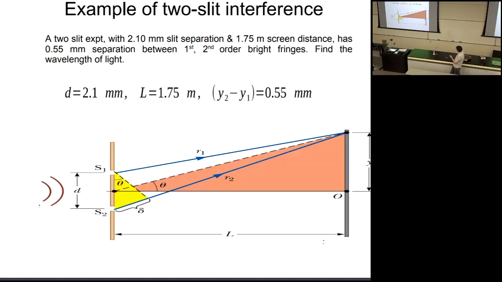A two-slit experiment with a 2.1 millimeter slit separation and a 1.75 meter screen distance has 0.55 millimeters between the first and second order bright fringes. We've got to find the wavelength of light that corresponds to this.